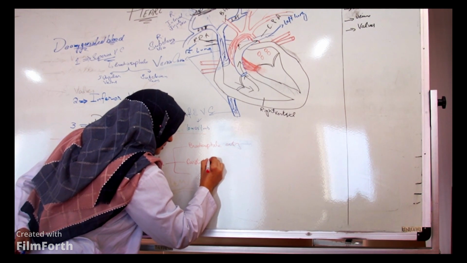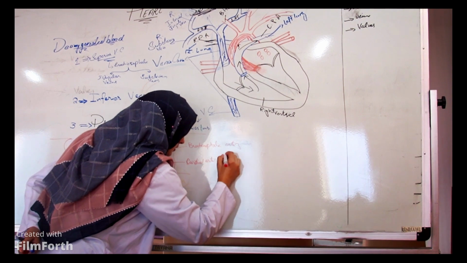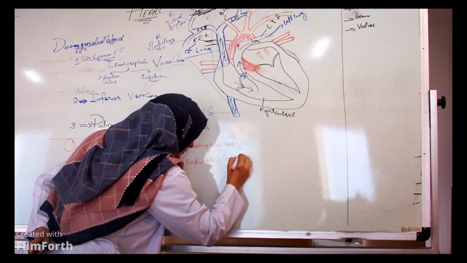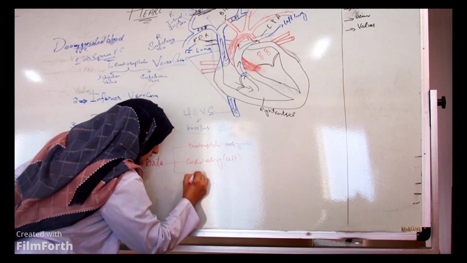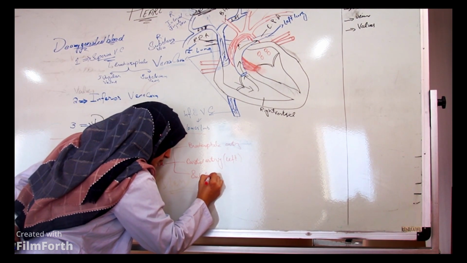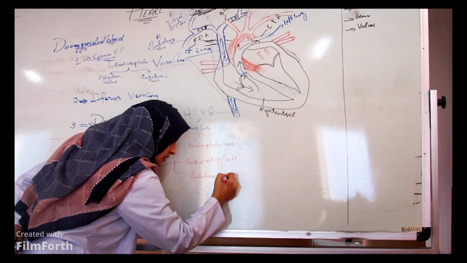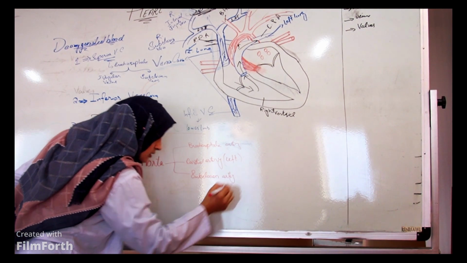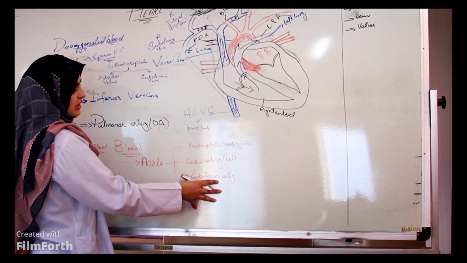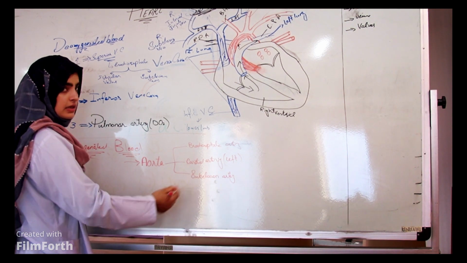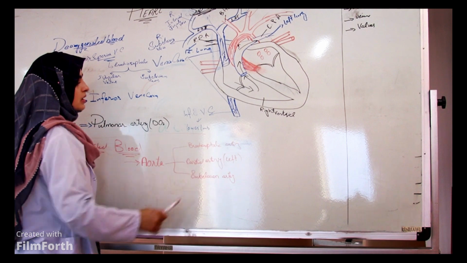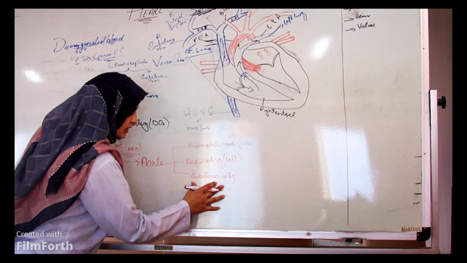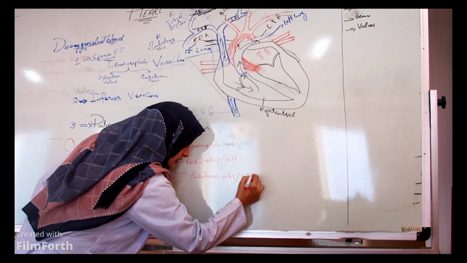I must mention that it is the left carotid artery. The right carotid artery originates from the brachiocephalic artery. And third, the subclavian artery. Do not mix up the arteries and veins. The things I have marked with red are carrying oxygenated blood, and the things I have marked with blue are carrying deoxygenated blood. Subclavian artery, that is on the left side.